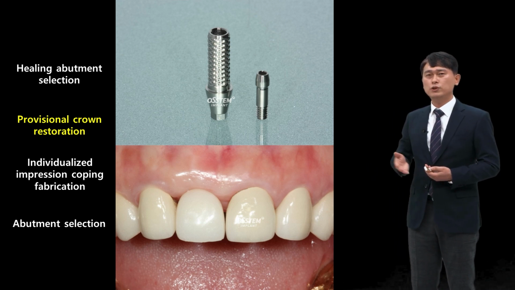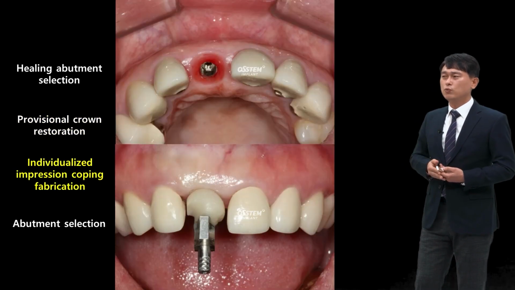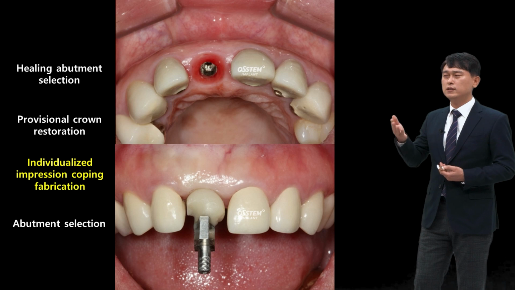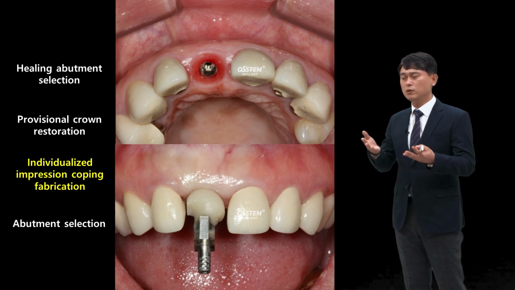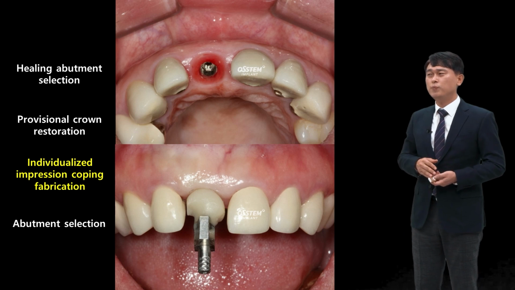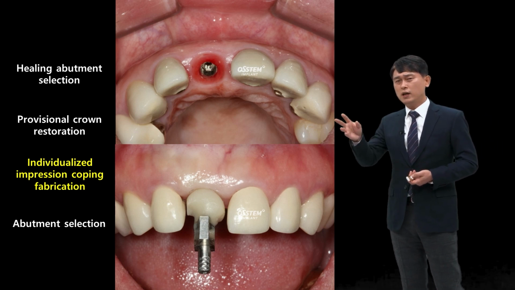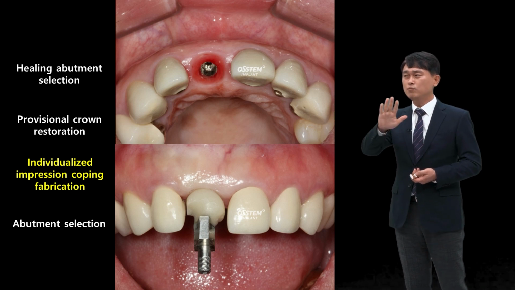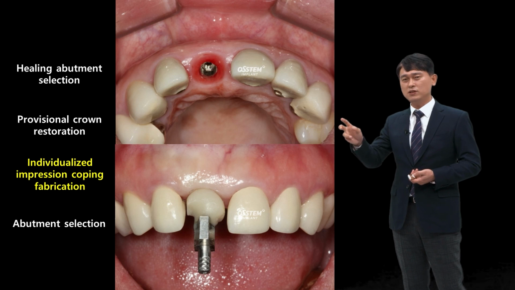I will talk about the procedure for that later. After the fabrication, individualized, customized impression coping should be fabricated. If you have an intraoral scanner, you need to immediately scan the gingiva after the removal to fabricate a custom abutment.